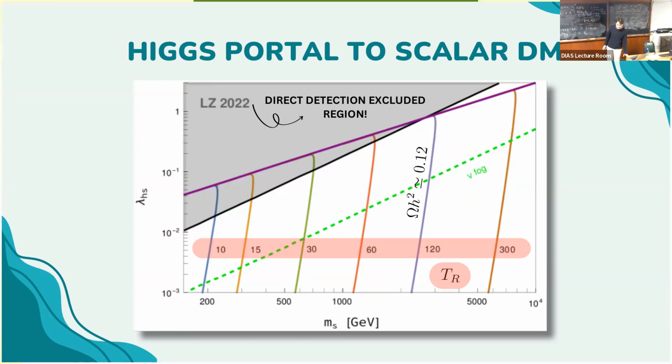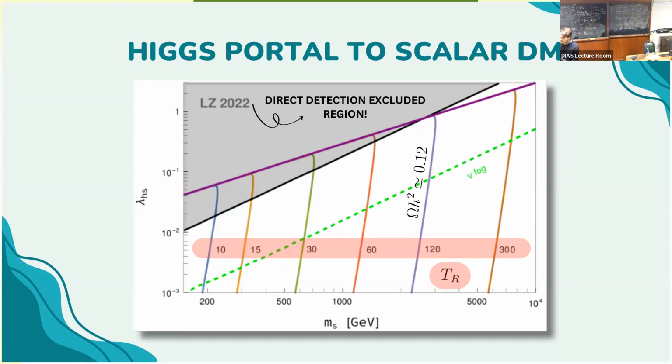GeV. What is the lower bound on the reheating temperature? Again, it is some MeV, I think tens of MeV. Sorry, you're saying tens of MeV will be sufficient for reheating for all cosmological purposes?